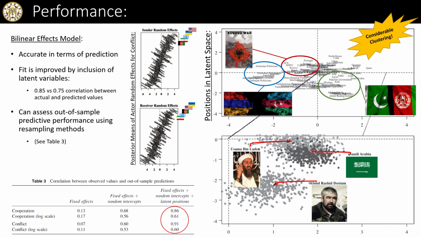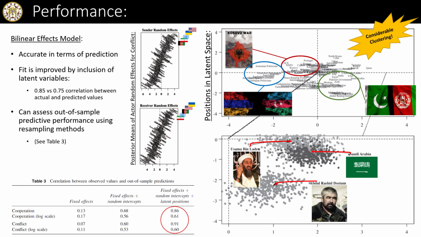Here in the center, Hoff and Ward have plotted the posterior means of the actor random effects for conflict. They note that the effects for cooperation are similarly distributed and similarly ranked. On the top panel there are sender random effects, and the bottom is receiver random effects.